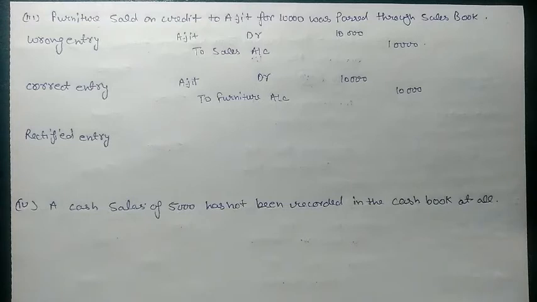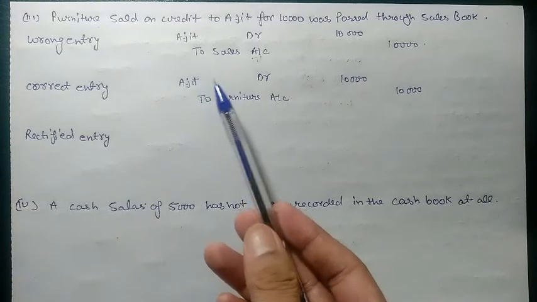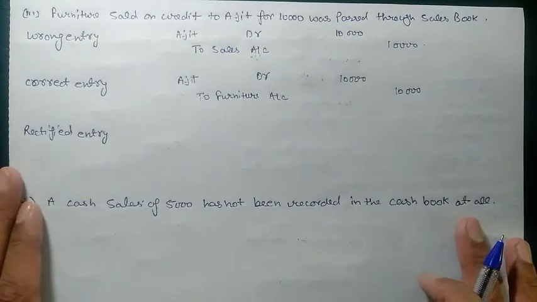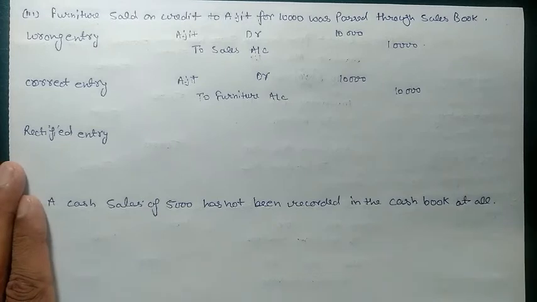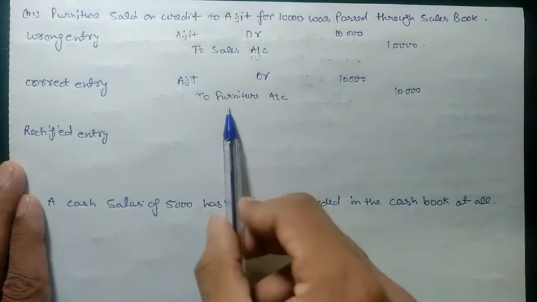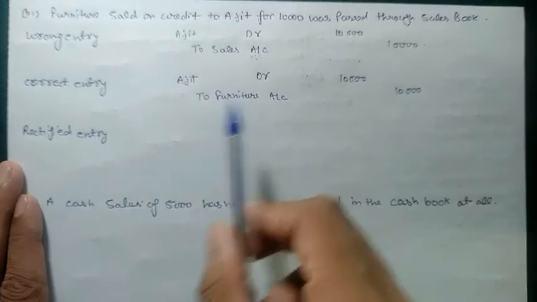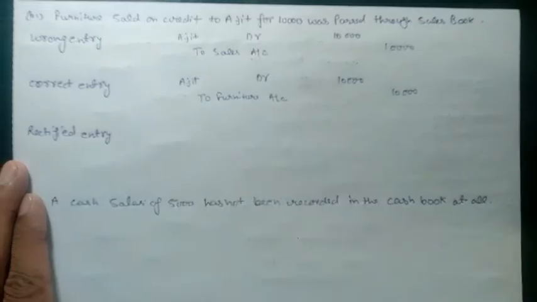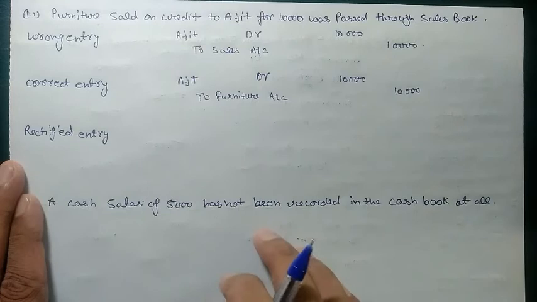So in this question, you can see that we need to debit Ajit account and we have debited it correctly. So we do not have to make any change in the account of Ajit because we have debited it correctly. The only thing is that we need to credit furniture account, but instead of crediting furniture account, we have credited sales account. So now we need to reverse this entry.